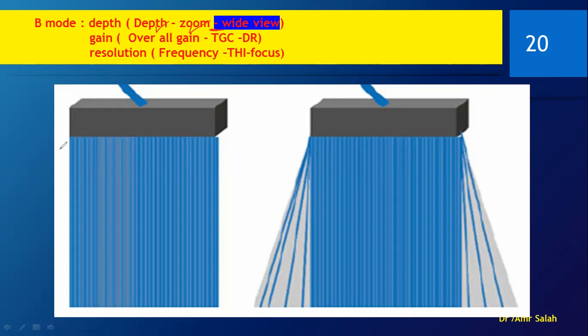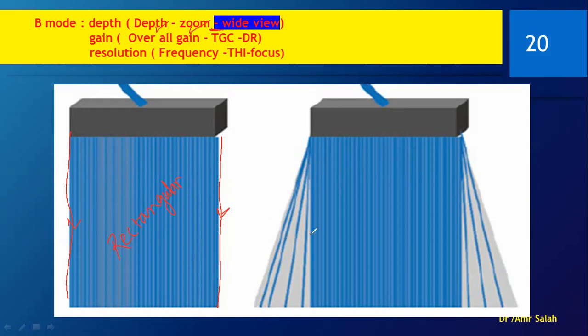Normally in our superficial linear probe, the waves are emitted in this manner, or they are really vertical, very straight. So the resulting picture would be rectangular, equivalent to the waves, right?